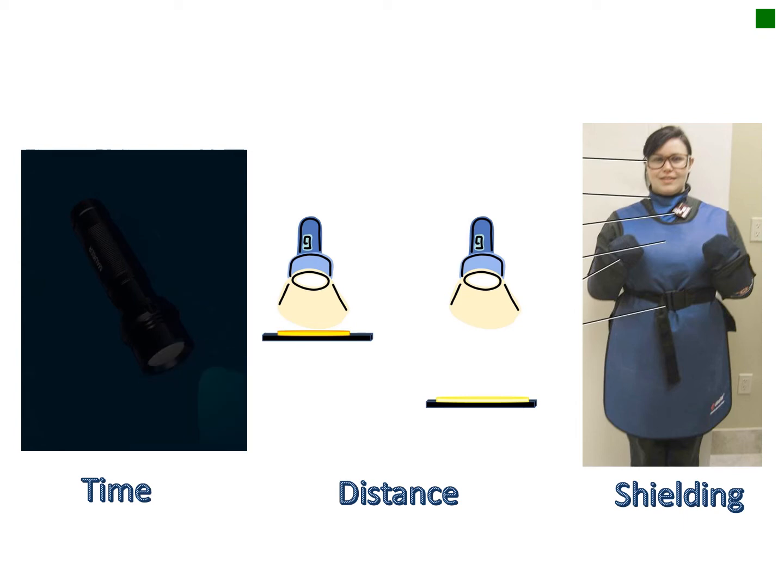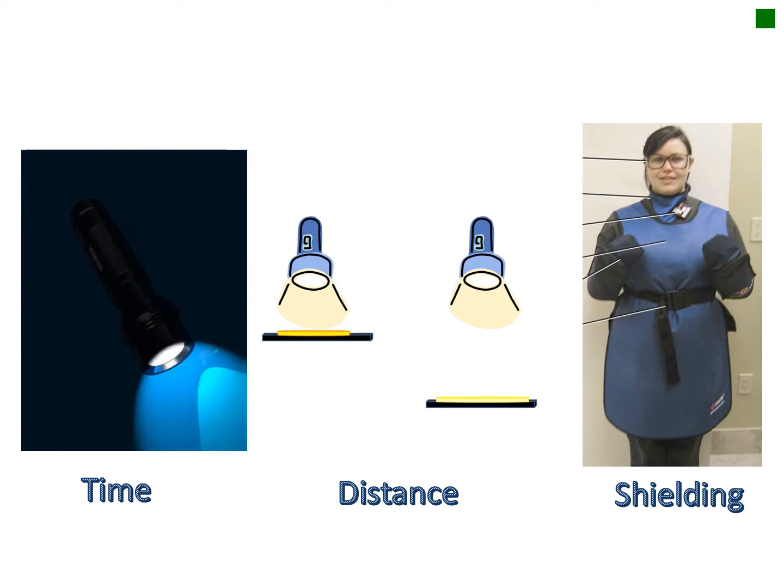So in order to reduce our radiation exposure to scatter radiation, we're going to use distance the same way that the flashlight example showed. So the further away we get from our X-ray beam, the less exposure we have. And the way that we figure out how much exposure we've now decreased, we look at what's called the inverse square law. So the inverse square law is a really simple formula.